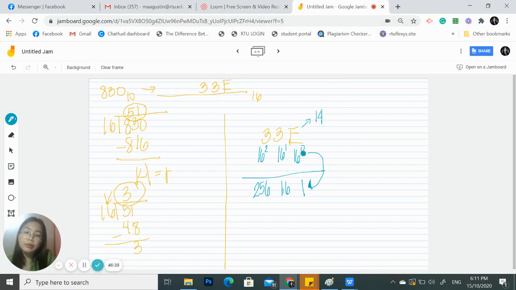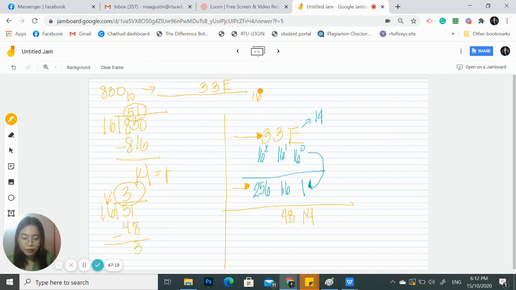Okay? So, ano pong gagawin natin? Lagi niyong tatandaan, ang i-multiply niyo is ito at itong value niya, yung positional value. Okay? So, multiply natin. Definitely, hindi mo naman i-multiply yung letter E. So, ano value ng letter E? That is 14. 14 times 1 is 14. 3 times 16 is ilan? 3 times 16 is 48.